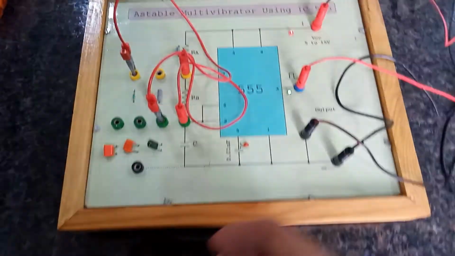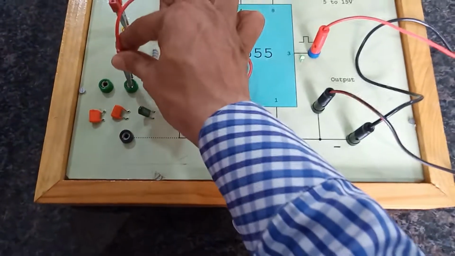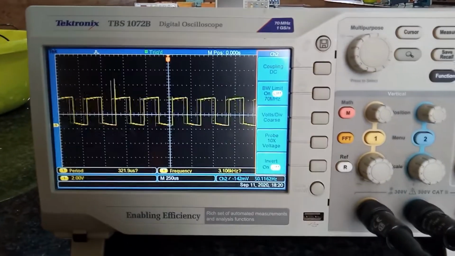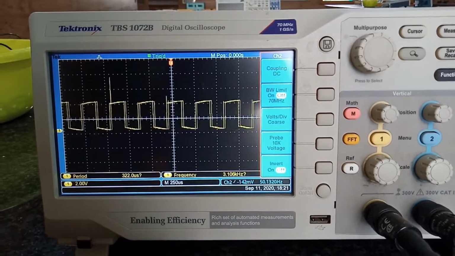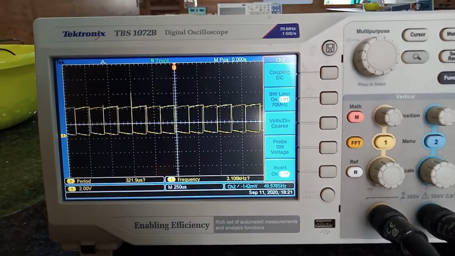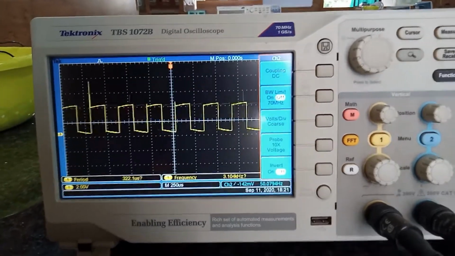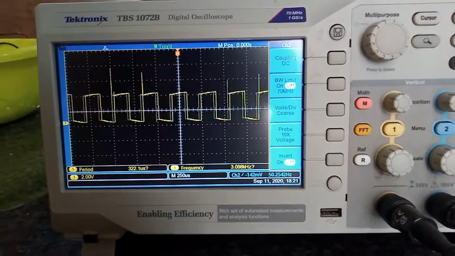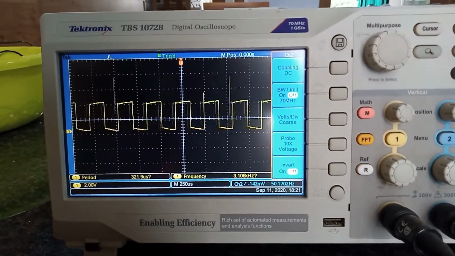Now let us change the value of C again. After changing, the frequency has changed. It is changed to 3 kilohertz. So as we change the combination of R and C, there will be a change in the frequency of the square wave at the output.